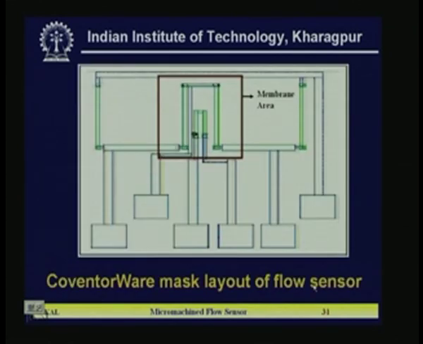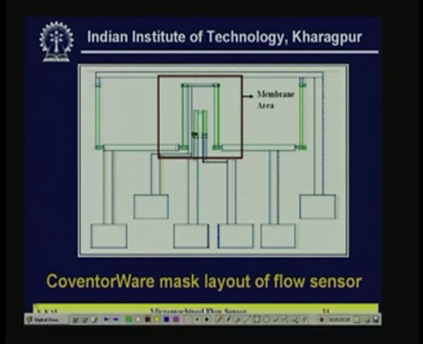Now, this is the structure you can see here. This is basically the heater in the central place. You can see the heater, and four resistances, one here and another here, and these two are wide apart from the sensing element, and this region is the membrane.